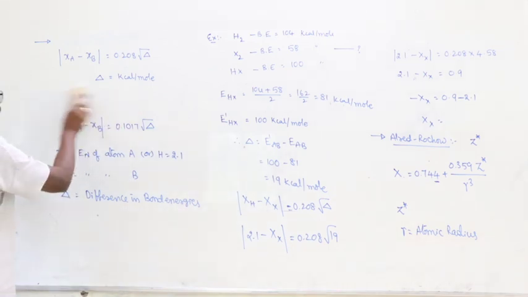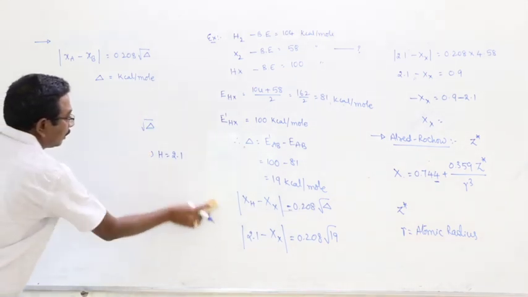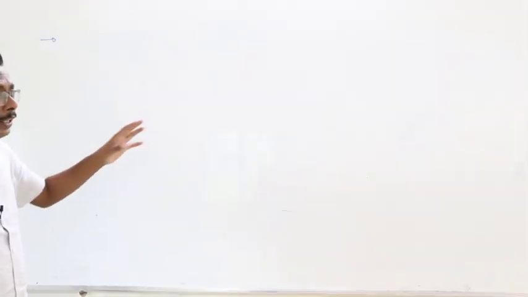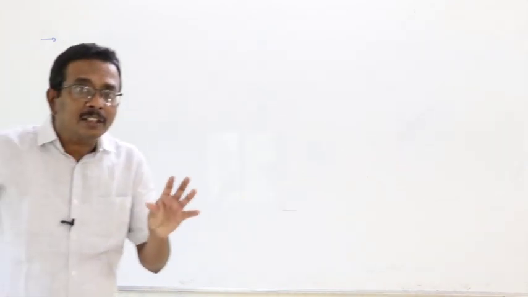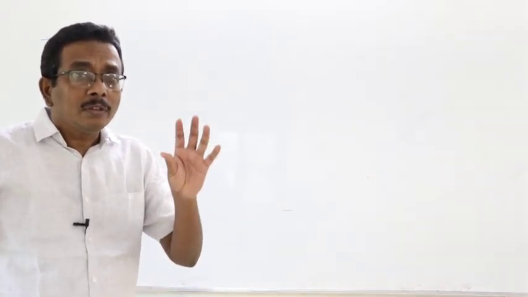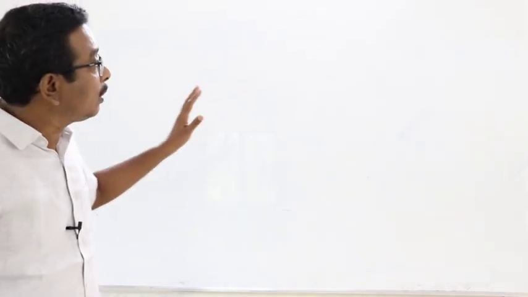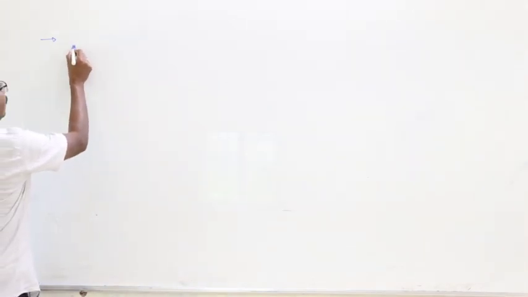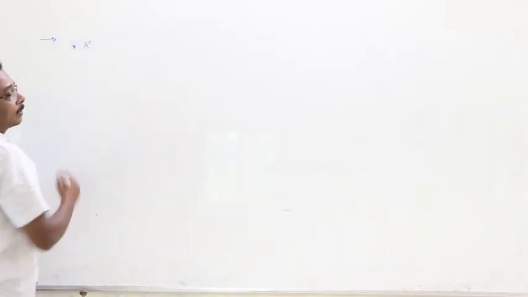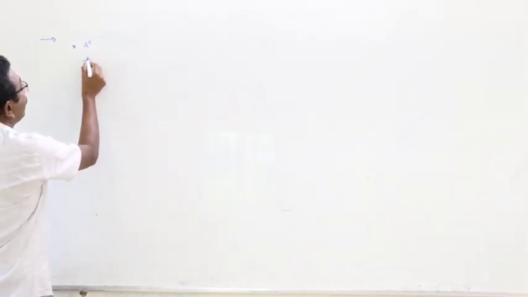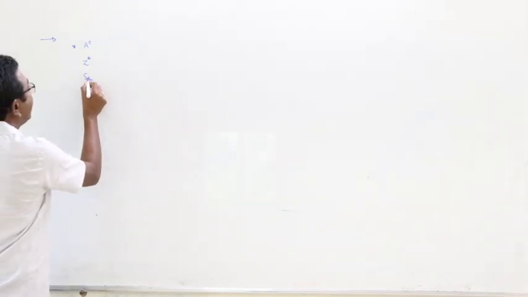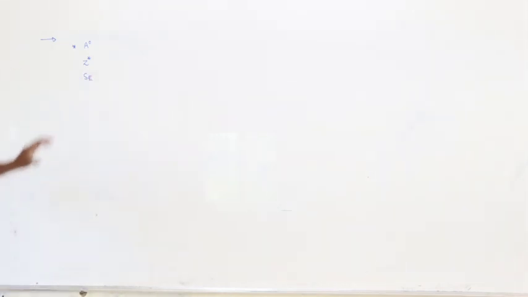And next one. Here, what are the factors that are affecting and influencing the electronegativity of an atom of an element? First one, atomic radius.